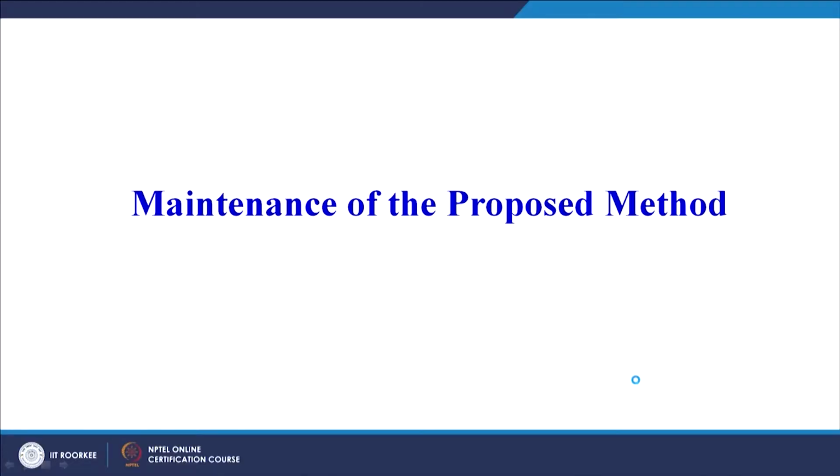Now we have seen that there are problems when we have to implement or install our new method, but once we are able to successfully bring about that change, we are able to train our workers to perform the task as per the new or improved method.